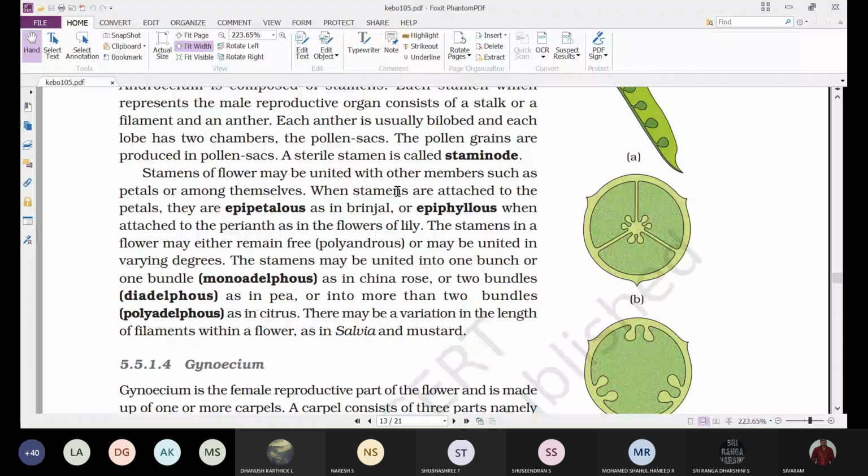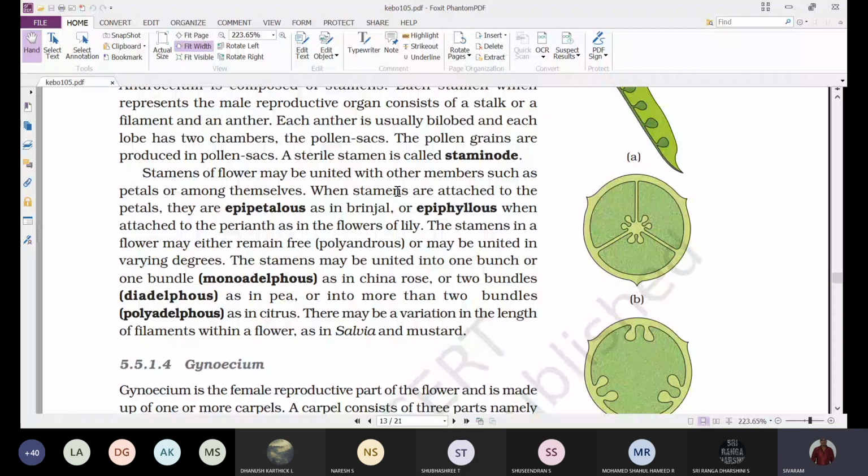So depending upon their union with other parts of the flower or within the same parts, they are described differently. That is, when stamens are attached to the petals, they are called epipetalous.